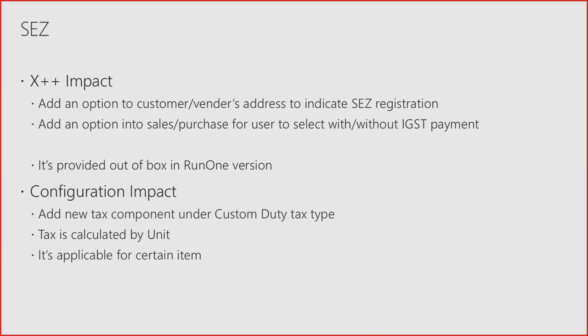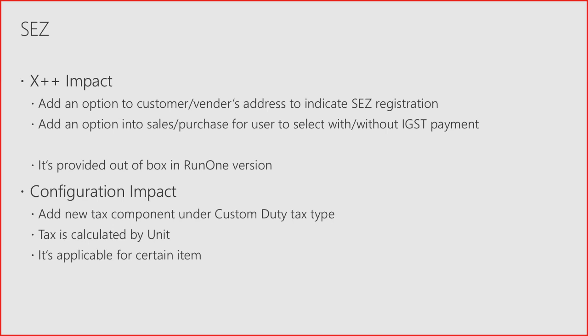So we need to add an option to the customer or vendor's address to indicate whether this address is within SEZ. So we need some UI changes in the customer vendor address or other places. It's possible you add this change in the enterprise registration number master.